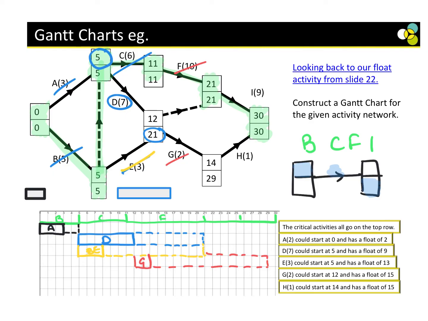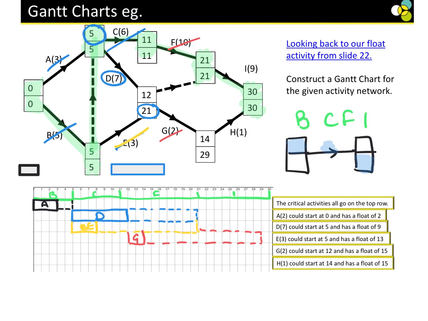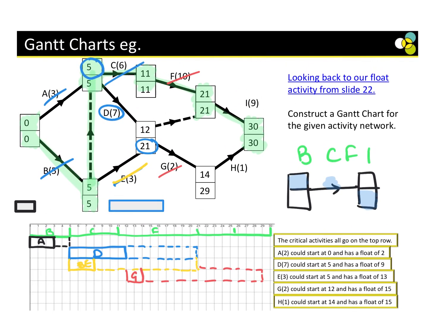Next, after A, B, C, D, E, F, G, H. Okay, when does H start? H starts at 14. It's 1 square. H, and it ends at 30.